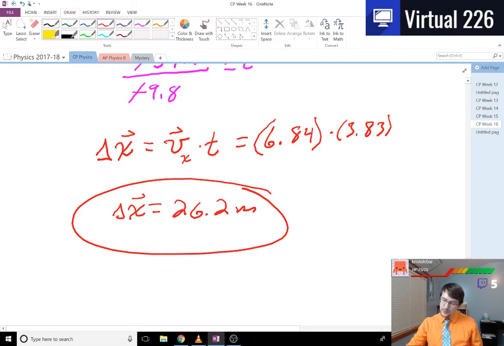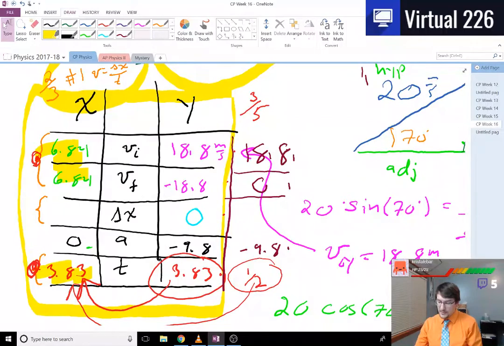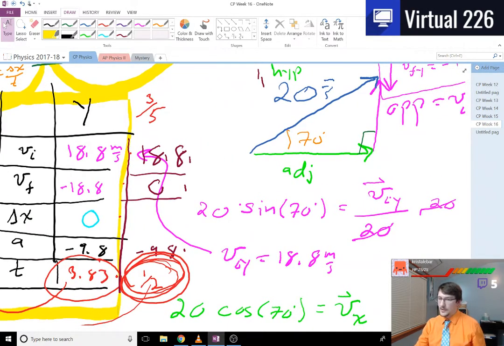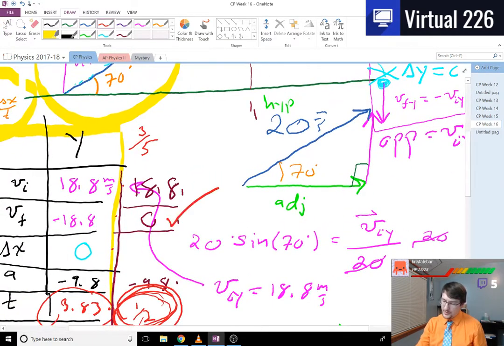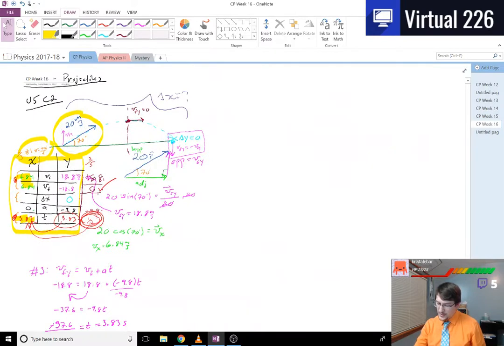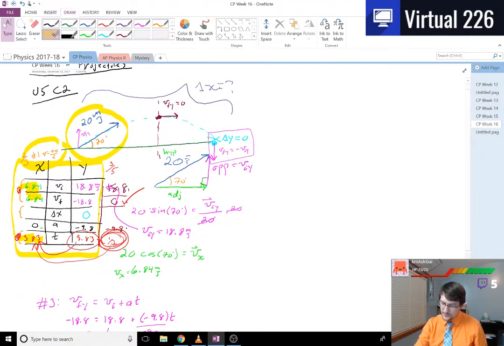If you wanted to, you could find the max height by taking half of that time, 1.915, or finding it on this side of the problem. And then you could find the max height from that, knowing that the final velocity up here is 0. So there's a whole lot you could do in that problem, but it all starts by playing with SOH CAH TOA in the beginning.